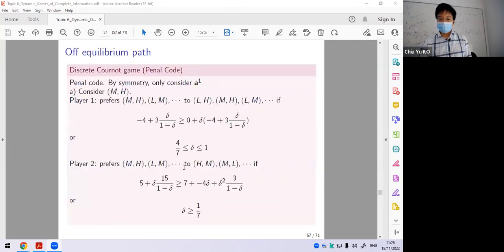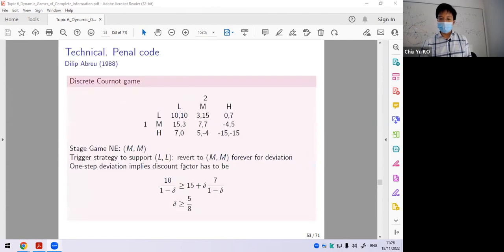So basically, look at this example. Here, if player 2 chooses L, the minimum I have is 7. Right? And I choose the max. Okay, let me write that down.